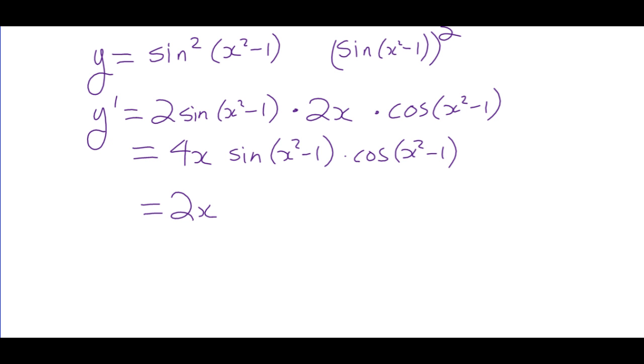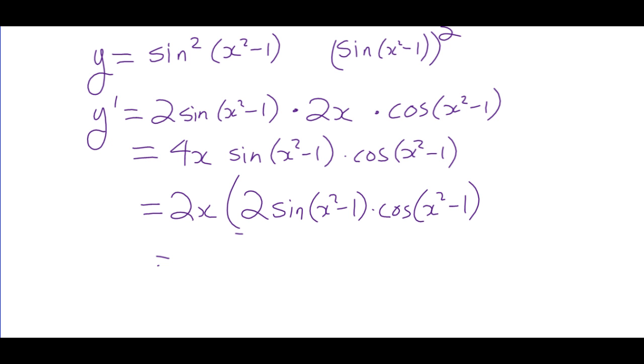Well, let's pull out a 2x and be left with 2 times sine something times cos something. I mean, that's 4x, so that's fine. But this is 2 times sine x cos x, which is the sine of 2x, right? So it's 2x times the sine of 2 times x squared minus 1.